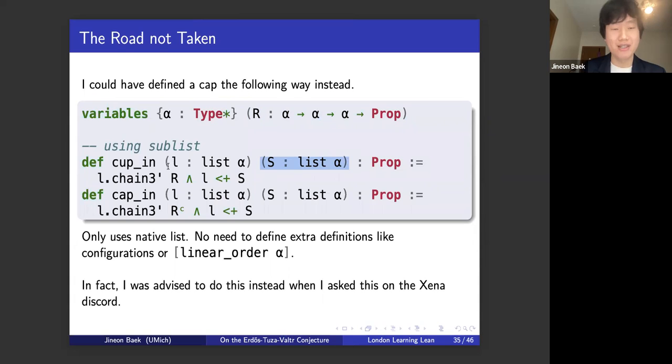And if you define cup L in S this way, it's a valid definition. Any 3 consecutive points form a 3-cup, and all the points appear as a subsequence of S. So the points appear in increasing order, and they are all in S as well. So with this one single line, it does all of that.